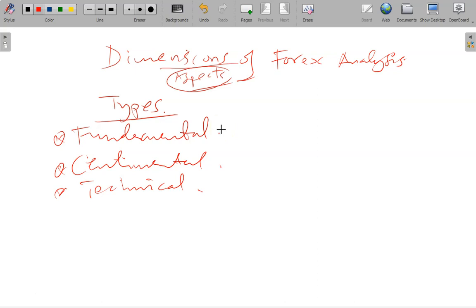The main idea here is to see which one is the best and which one to adopt, probably based on your trading personality, maybe whether you are trading short term. I'm going to show specifically which one to adopt, and also how to apply both.